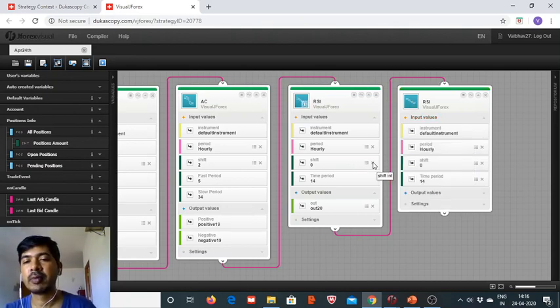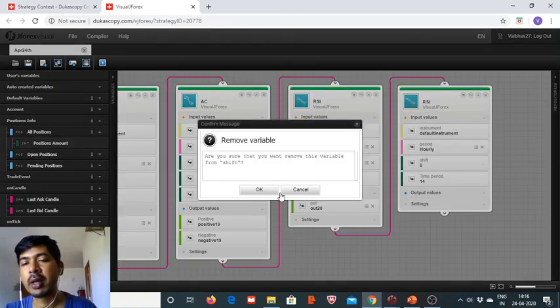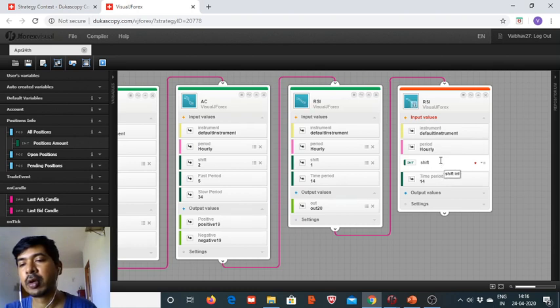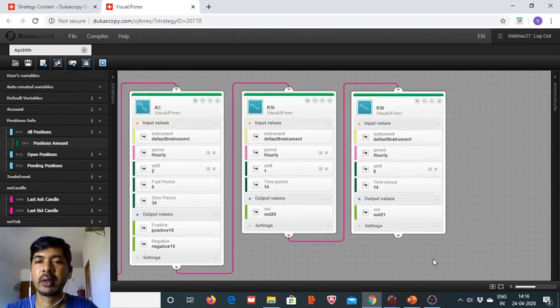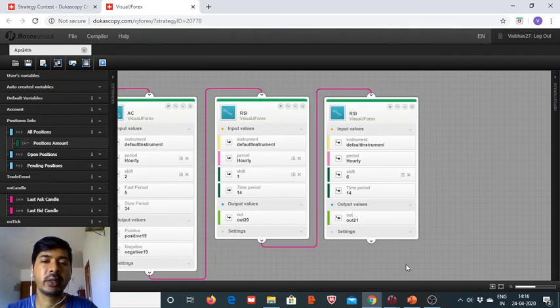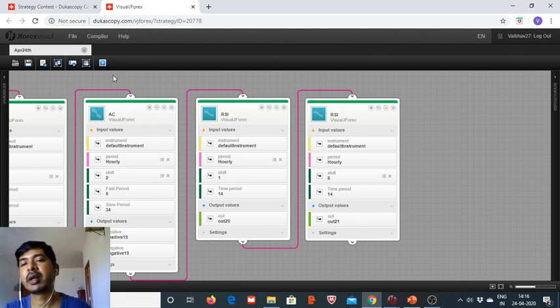Hourly time frame has been defined. Now we make it to shift 1. The look back period has been defined at 1. So it will be going back in time by 1 hour. And this block will be going back in time by 6 hours. And then we will compare the values at the last hour and the 6 hours back. And if it is rising and above 50, it will meet the precondition for the buy trade. If it is falling and below 50, it will meet the precondition for the sell trade.